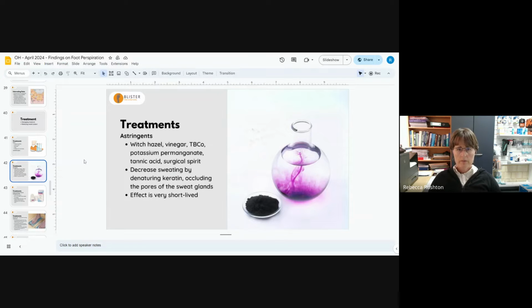So effectively, sweat is produced, but it doesn't get out onto the skin. How effective is it? Well, it's short-lived. None of these topicals can really be expected to work that well, especially in someone who is exercising or someone with hyperhidrosis. But it's something that can work in the short term.